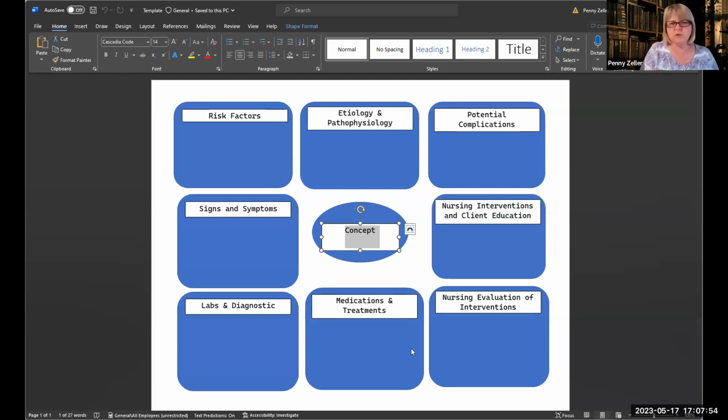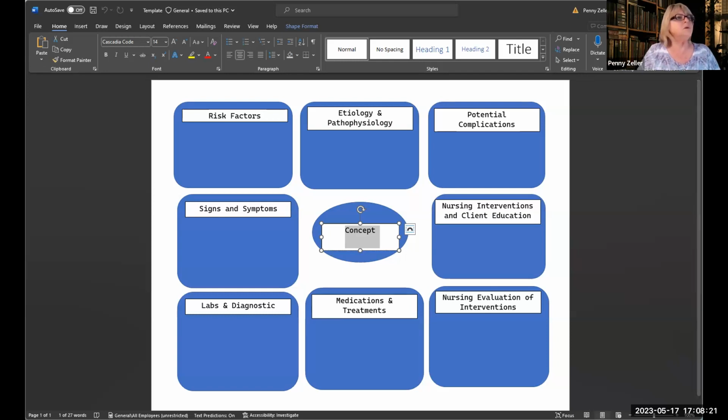Complications, which you wouldn't be able to answer yet until we go to high risk newborn and we talk about complications of a preemie. Okay. What are your interventions and your education? So you might not be able to fill up all of the squares, but you can work on them with the list of concepts that I gave you.